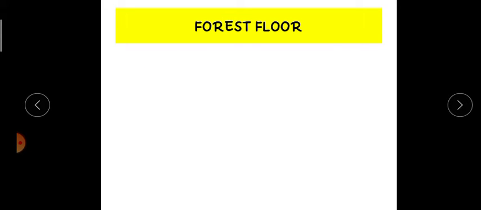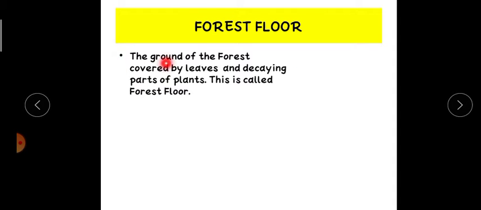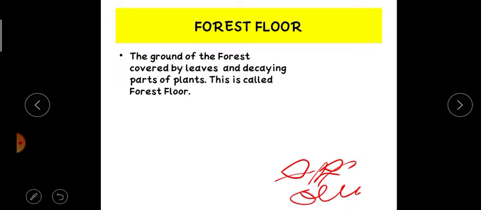Forest floor. One more component in a forest is none other than the forest floor. Let us know what the forest floor is. The ground of the forest is covered by leaves and decaying parts of matter. This is called the forest floor. If you look at the ground of the forest, you will see it is covered by leaves, and also there are decaying parts of plants.